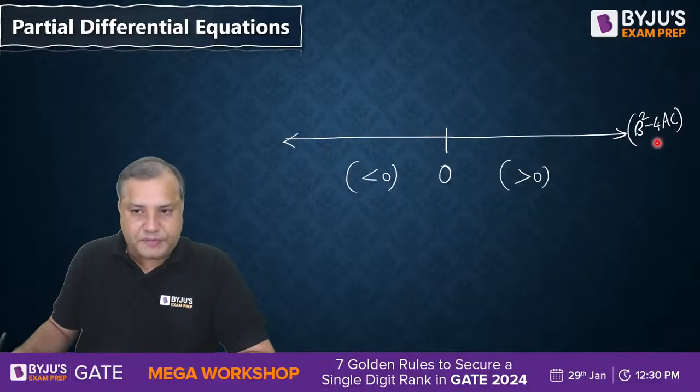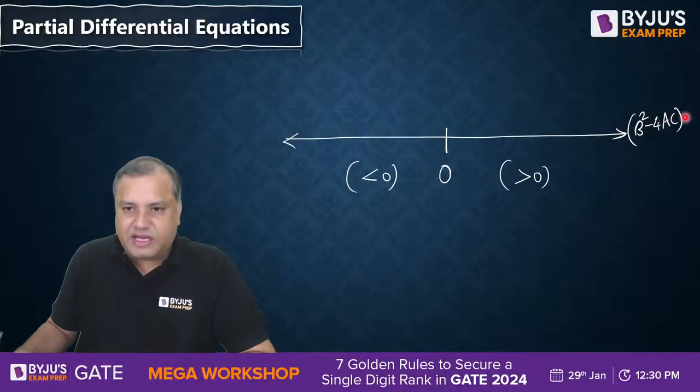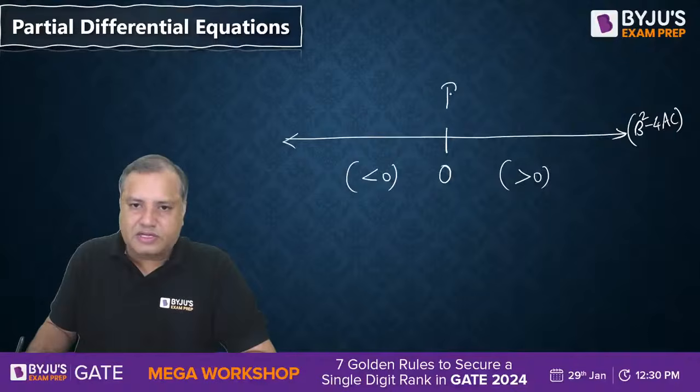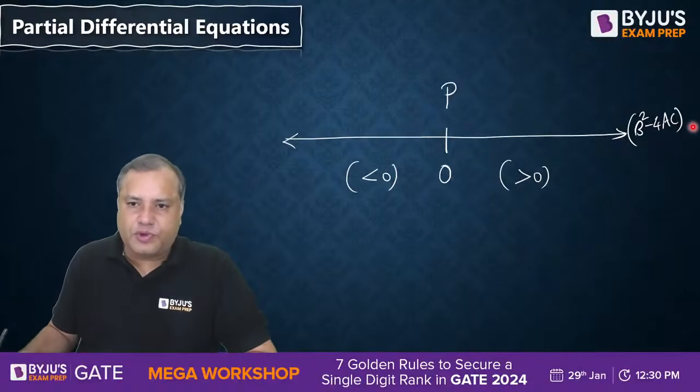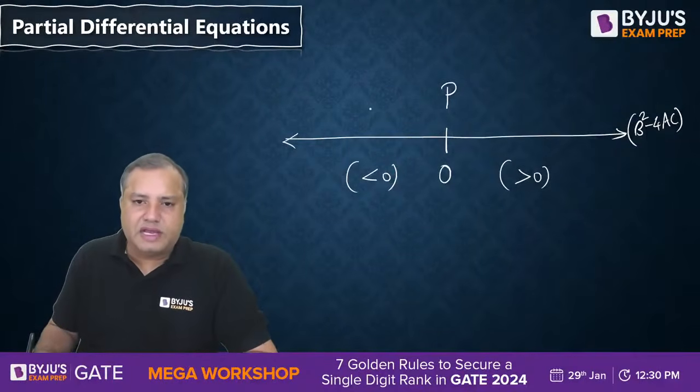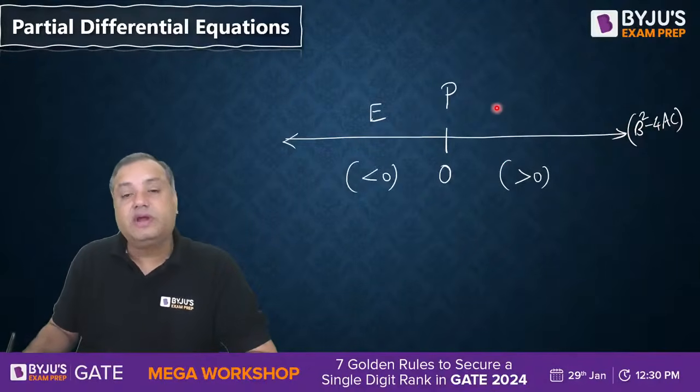So see here, b square minus 4ac, if it is 0, then you say parabolic equation. If it is less than 0, then it is elliptic equation. And if it is greater than 0, it is hyperbolic equation.